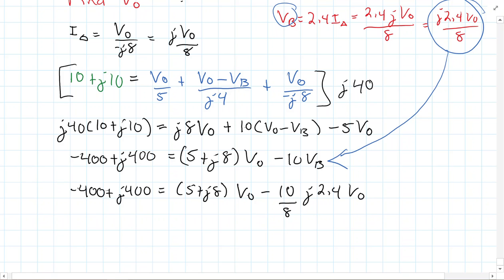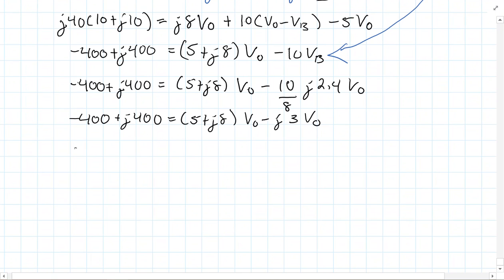So doing that computation, we get minus 400 plus j400 is equal to 5 plus j8 V out minus j3 V out.